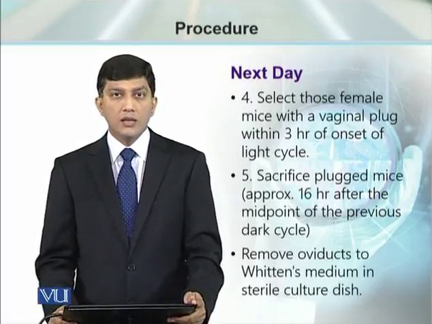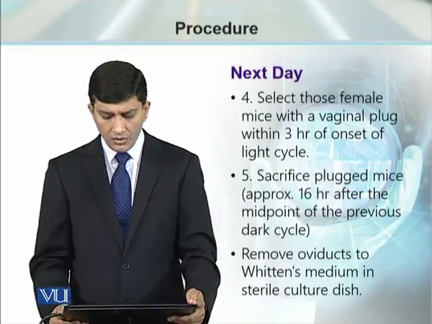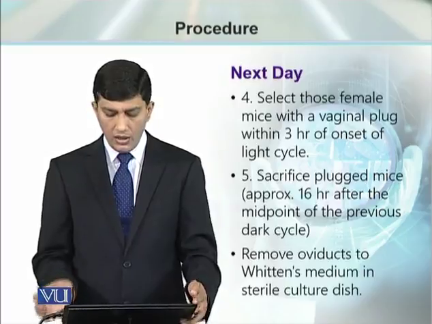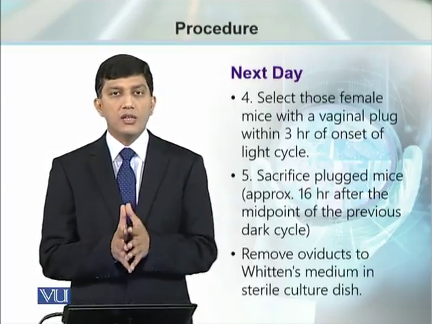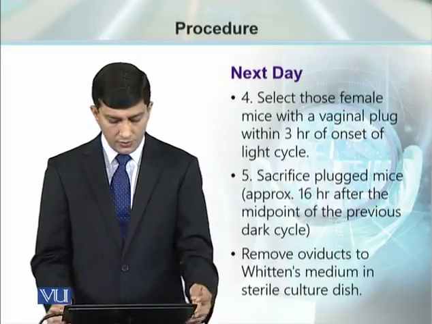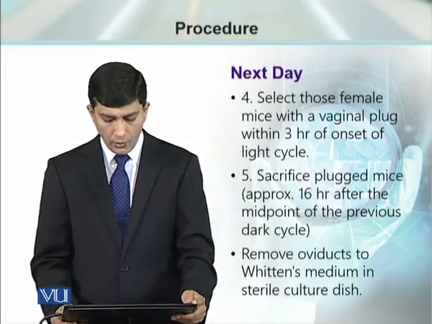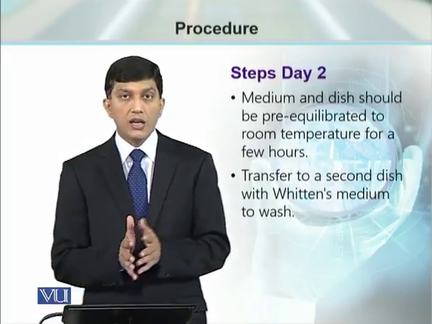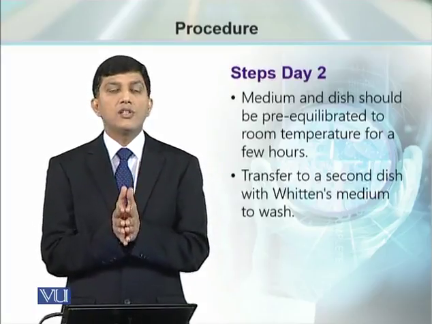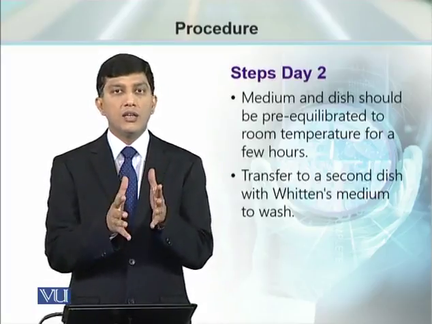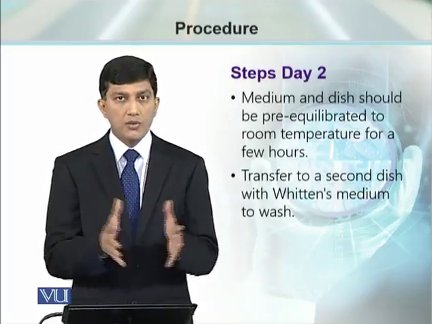These female mice are sacrificed 16 hours after the midpoint of the previous dark cycle. We need to remove their oviducts into Whitten's medium in a sterile culture dish, and that dish and medium should be at room temperature, or acclimatized to the temperature of the working area.